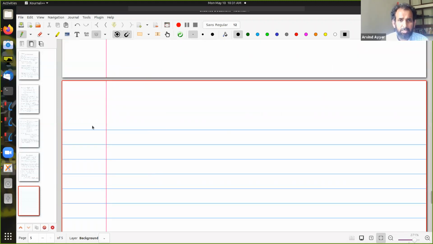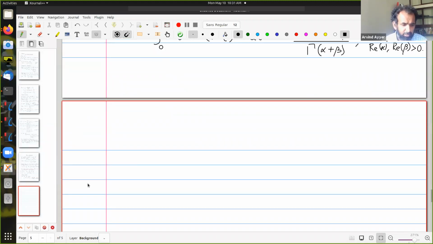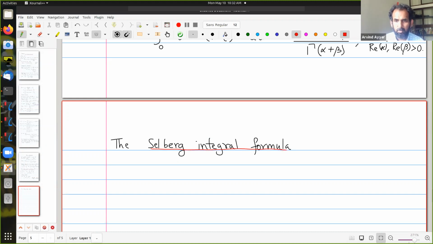So the n-dimensional generalization of this is the famous Selberg integral. The Selberg integral formula is the following: integral 0 to 1 dt1, etc., integral 0 to 1 dtn.